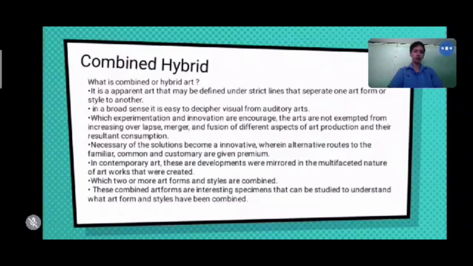The arts are not exempted from increasing overlaps, merging, and confusion of different aspects of art production and their resultant consumption. Necessarily the solutions become innovative, wherein alternative routes to the familiar, common, and customary are given premium.